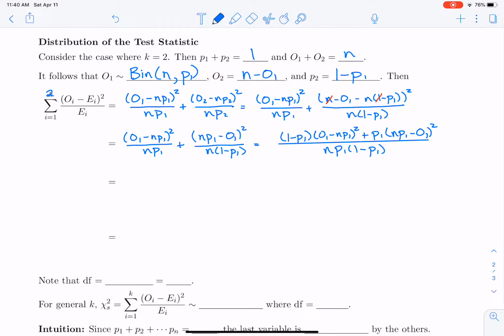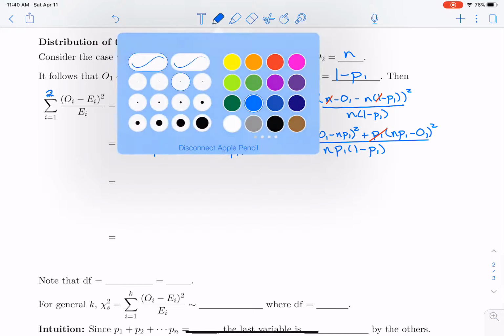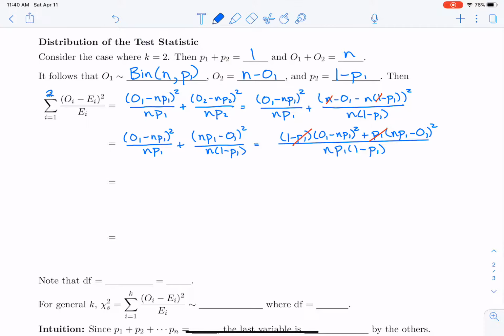Again, I notice that (O1 minus np1) squared is equal to (np1 minus O1) squared. That means I'm subtracting a p1 and adding a p1 times the same thing, so that goes away. And now I'm going to have (O1 minus np1) squared divided by np1 times (1 minus p1).